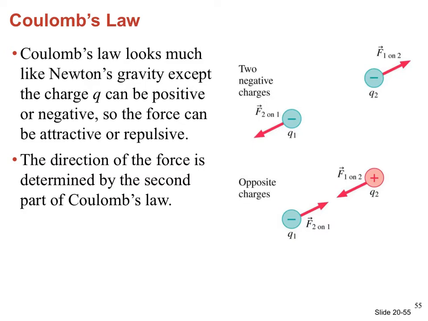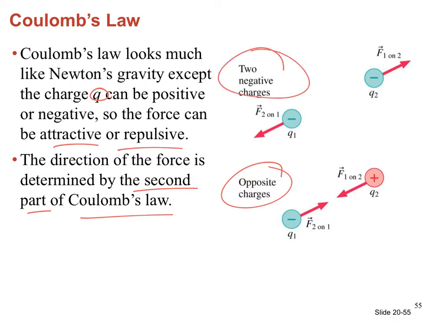So, like I said previously, Coulomb's law looks a lot like Newton's law for gravity, except instead of mass, we have charge. And the force can be attractive or repulsive, versus in gravity, it's only attractive. So the second part of Coulomb's law is going to be that opposite charges attract and like charges repel.